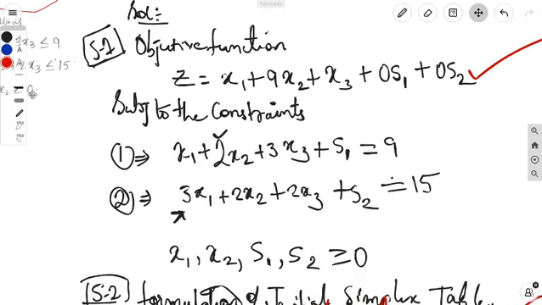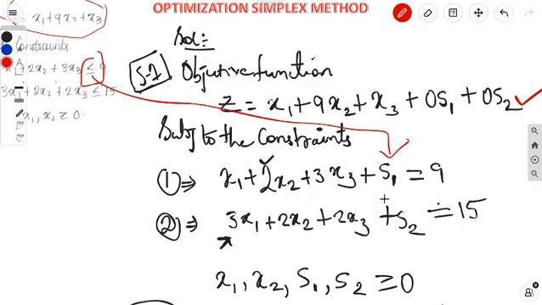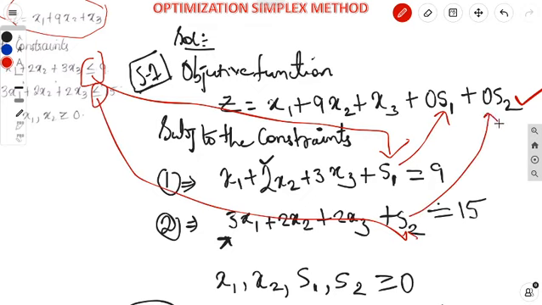To remove the inequality, less than or equal to, we have added a slack variable s1, which we are representing over here. Similarly, to remove the other inequality, we have added s2 and represented it over here.